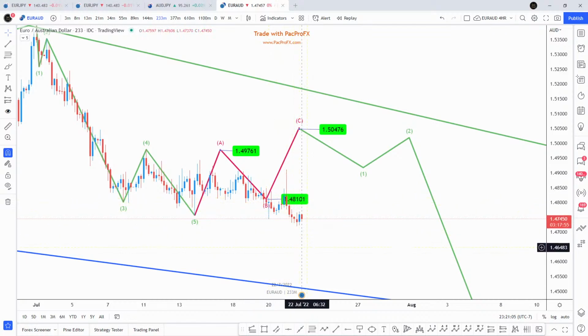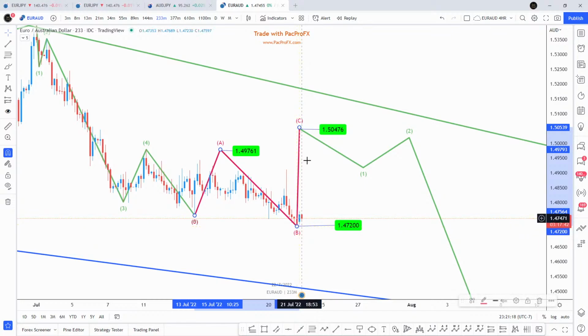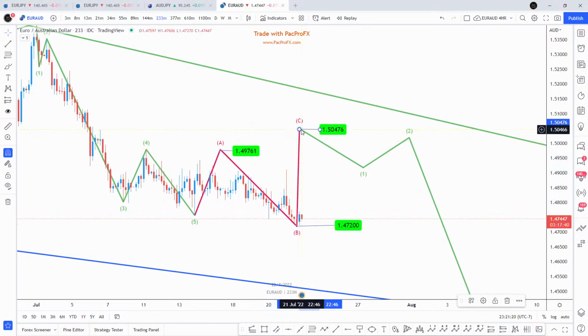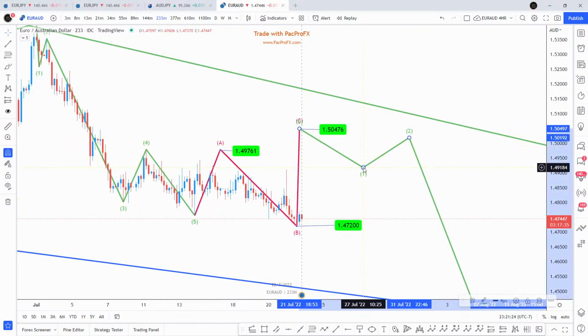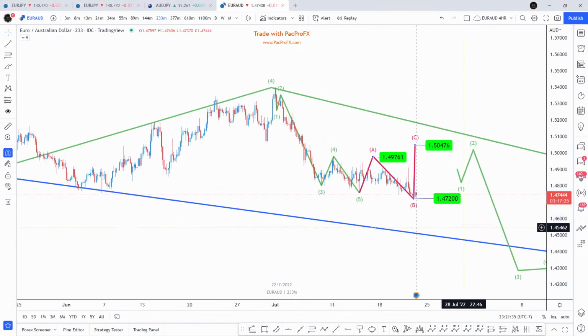I know what it's doing. No, this is a complex correction. Yep, this is a whole bunch of ABC waves. So what's going to happen is a triangle is going to appear after all this. Not anytime soon.